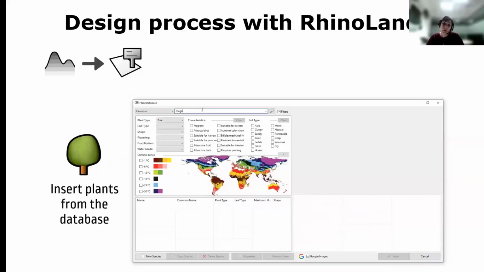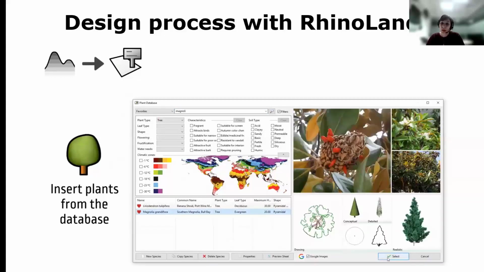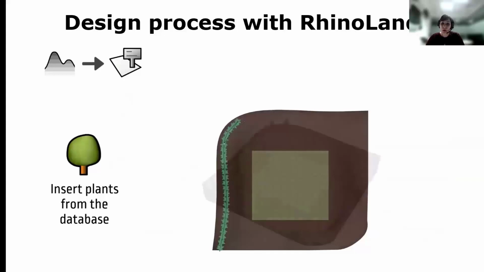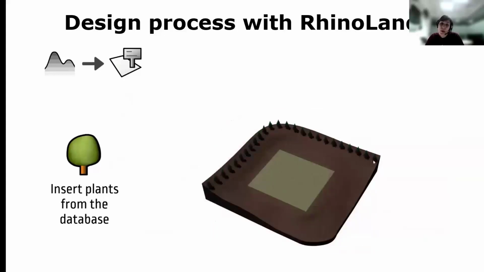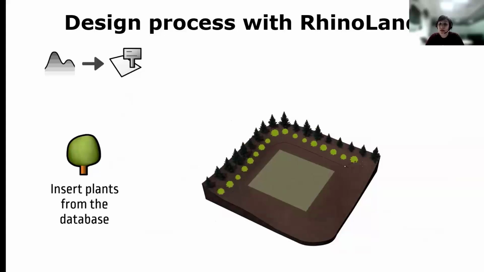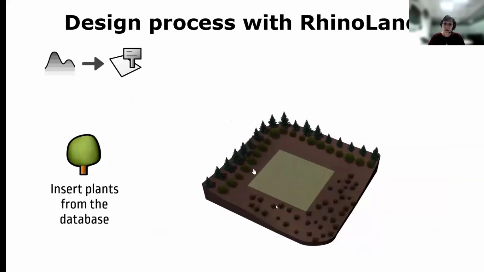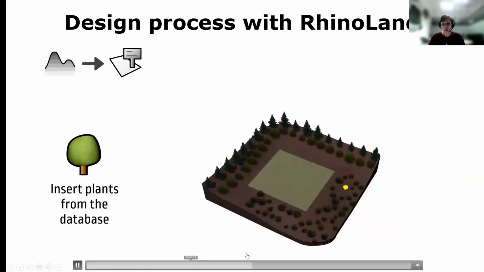Then we can add plants and vegetation in different ways, as you see. For example, we are going to insert a row of plants, but we indicate the distance. We can have a row combined of different plant species and so on. Also, we can insert a group of plants in a forest and so on.